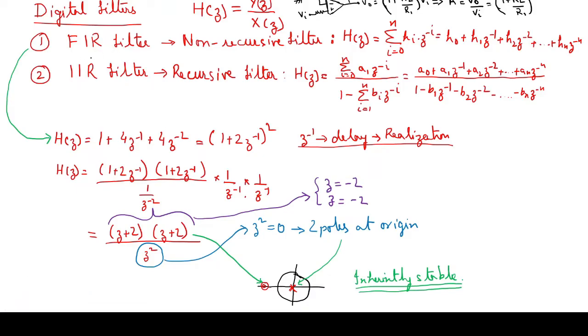Now coming to the FIR filters, they are also regarded as non-recursive filters, whereas IIR filters are regarded as recursive filters. Non-recursive filters and recursive filters. Now, what is this?